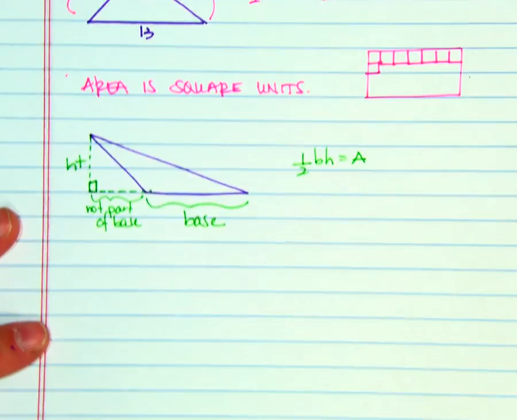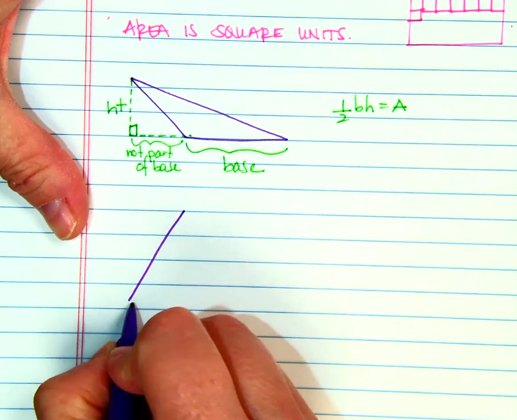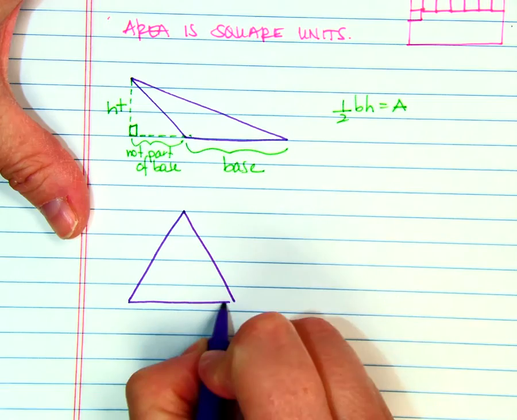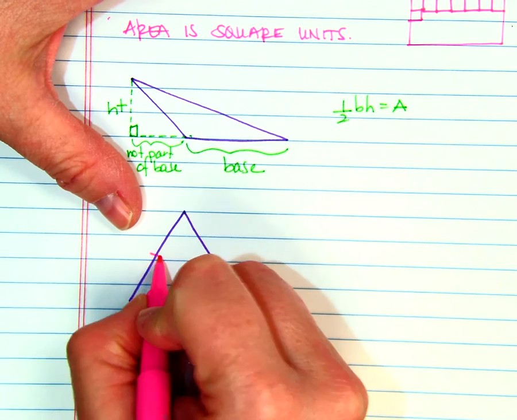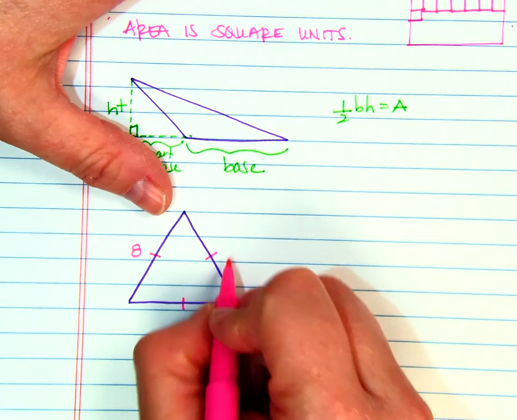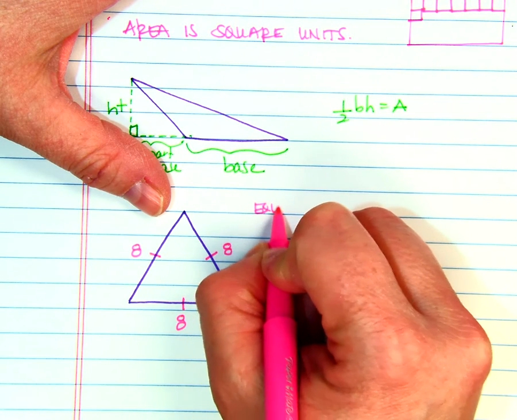The last one that I want to cover has to do with an equilateral triangle. So in an equilateral, we know that all the sides are equal. So if I make this have a measurement of 8, then all of these have a measurement of 8. And I'm going to note that this is an equilateral.